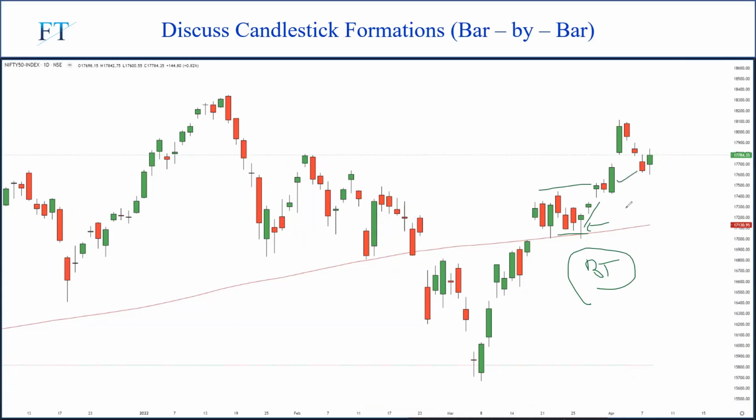And then we have a wide range bar that has completely taken out the high or the resistance which was formed by this bar, right? So after this bottoming tail bar, we have small bodied or narrow bodied bars, which tells us that the prices are consolidating. The momentum is slowing. After this bar, there is no aggressiveness from the buyers.